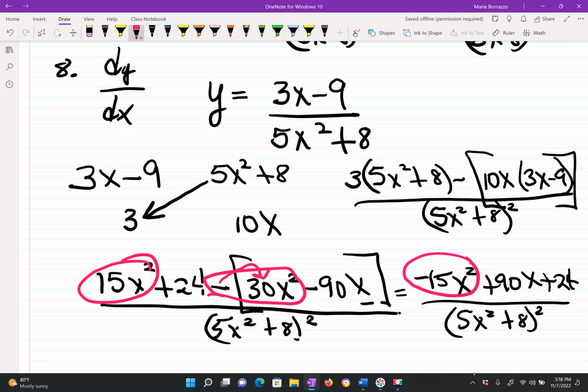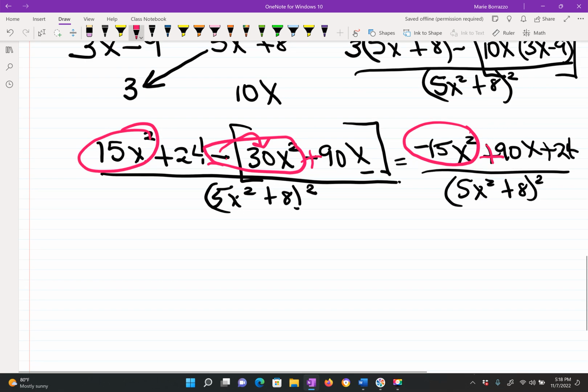Notice that this negative comes in here, makes this positive. That's why I have a positive 90x. And then the plus 24 just stays. Okay, are we good on this one? Can I move forward? All right, awesome.